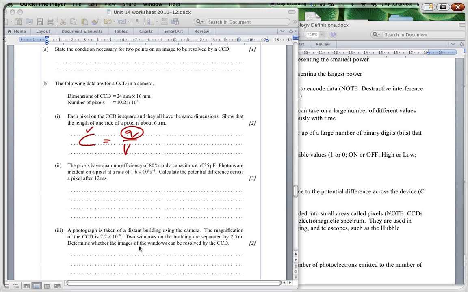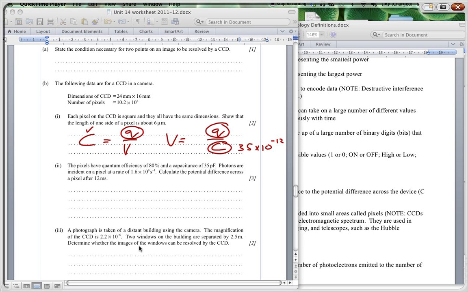So here we want to work out what our charge is. So my V is equal to my Q divided by C. The C is 35 times 10 to the negative 12 farads. So we've got that, but we just need to work out our charge.